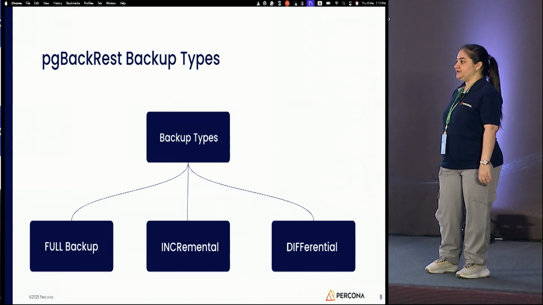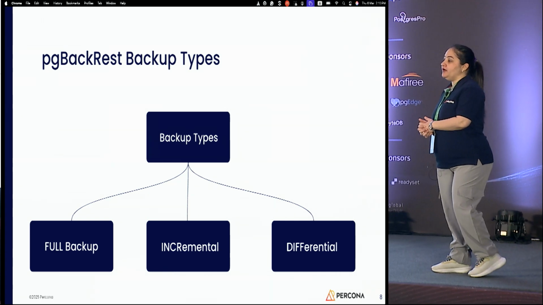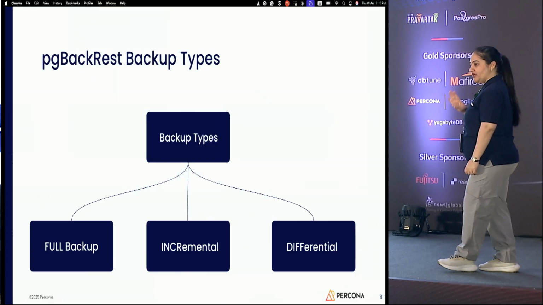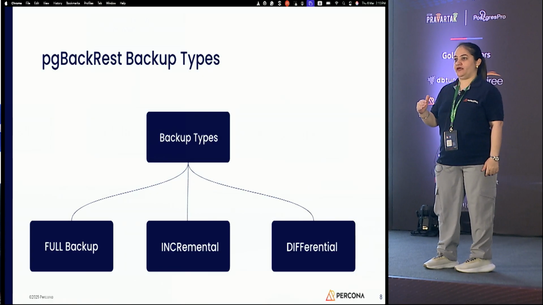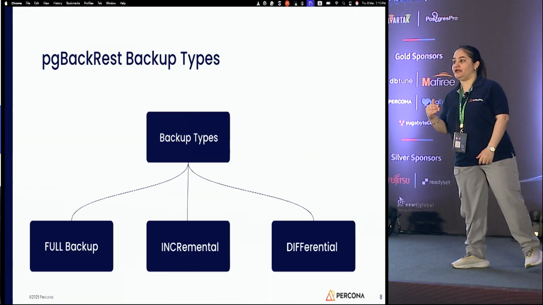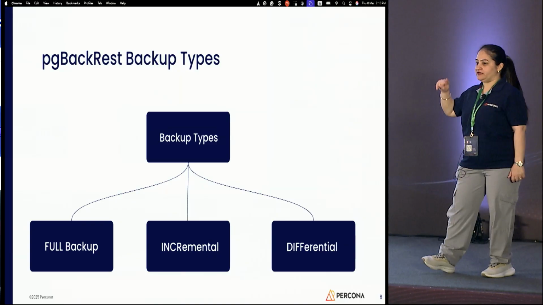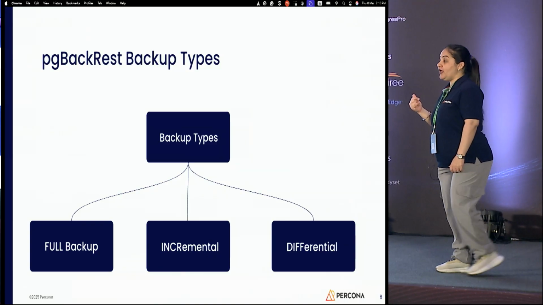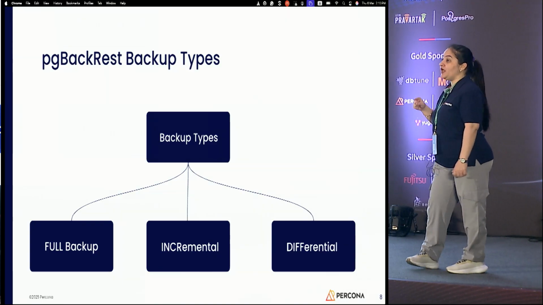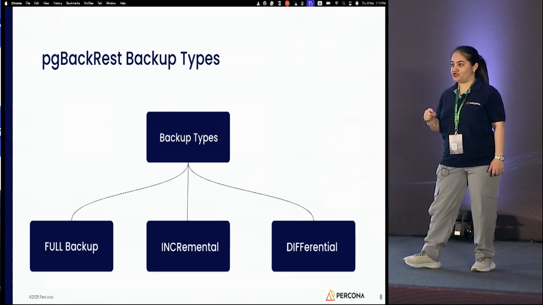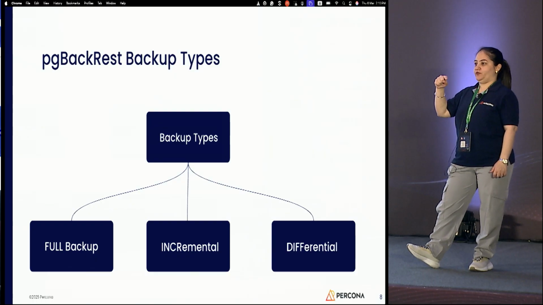So full backup, we all know. Monday, incremental and differential backup, there is no difference. It's all the same. Whatever changes are there after the full backup which was taken on Sunday, till Monday, whenever the backup is going on, those changes will come in incremental as well as differential. But when it comes to Tuesday, Tuesday's backup is going to accommodate all the changes of the last full backup.